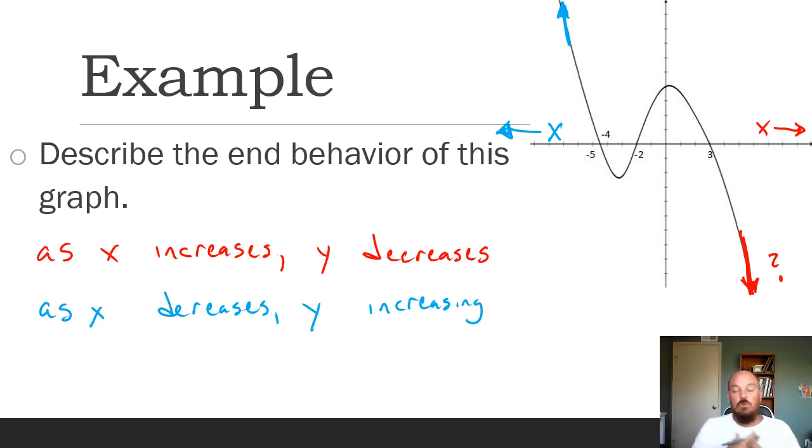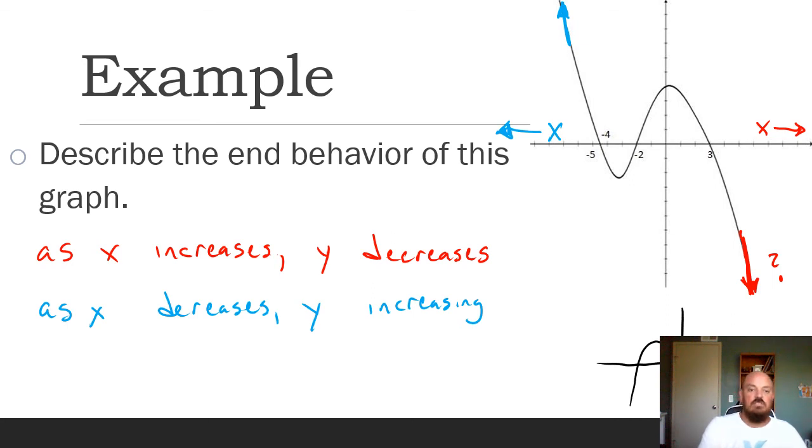So we've seen two of the three possibilities. I did say I wanted to show you the third one. Let me see if I can squeeze it in here. Let's take me out of there and I'll show you right here. Let's say we had a graph that looked like this.